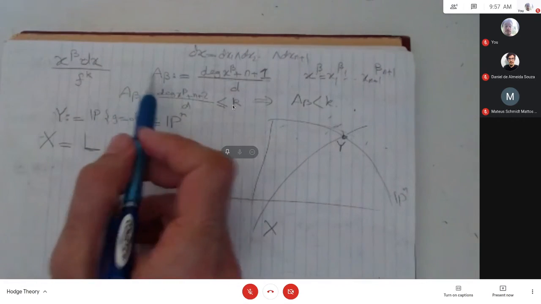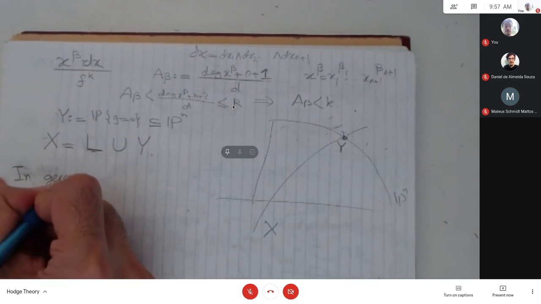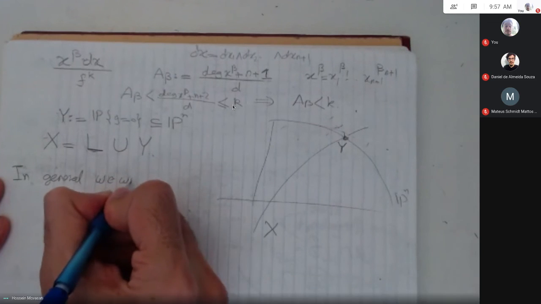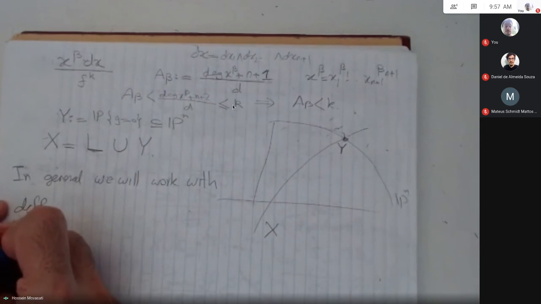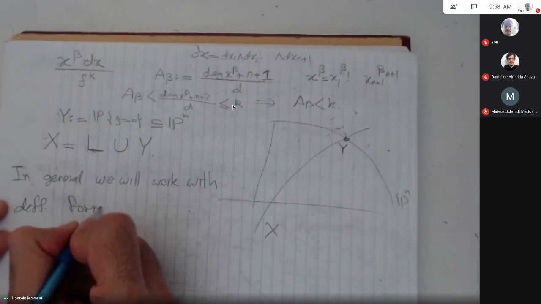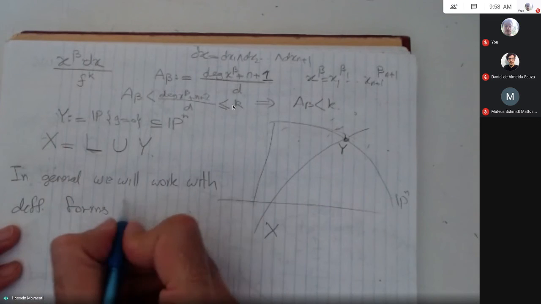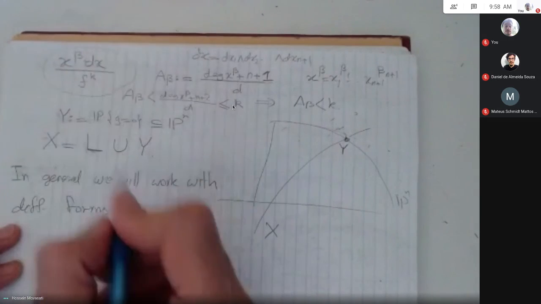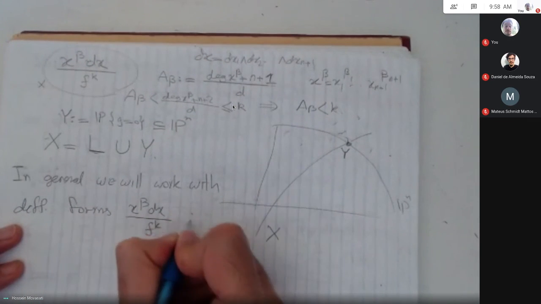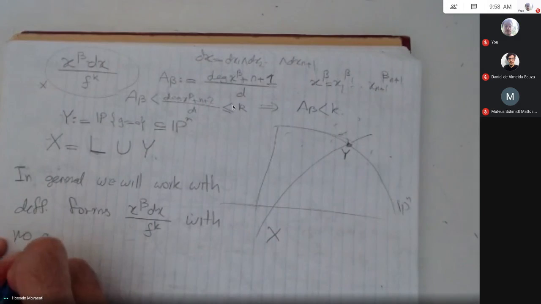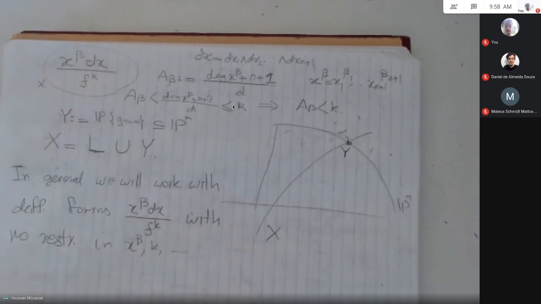But okay, so in general, we will work with differential forms, let's say, this x with no restriction in x beta, k, and so on.